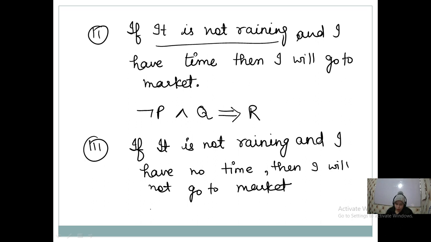It is not raining is represented by not P, and is represented by this symbol, I have no time is represented by not Q, then is represented by implies, and I will not go to market is represented by not R.